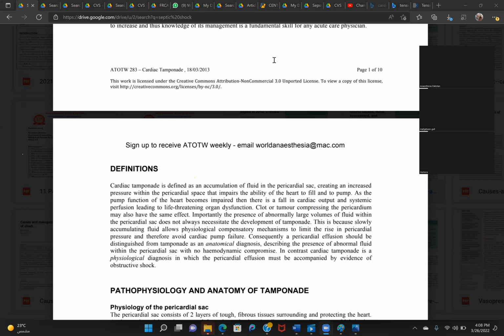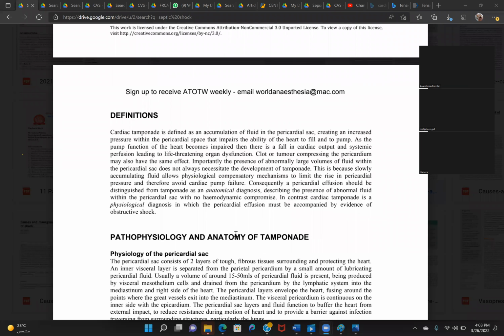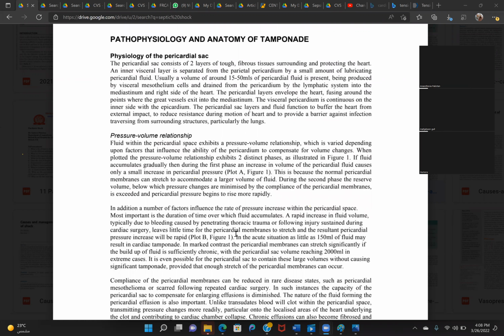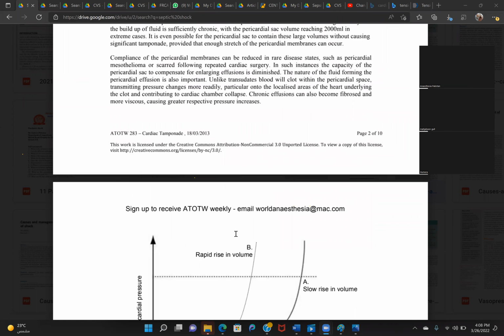Another terminology used for cardiac tamponade, any exam candidate should take the lead. Sumera, what is Beck's triad? Sir, in Beck's triad there are three components: hypotension, muffled heart sounds and raised JVP. How will you correlate them?